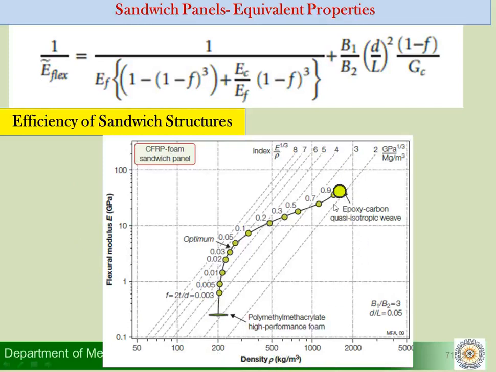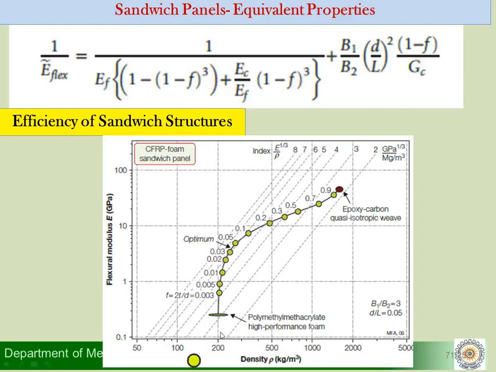What you observe here is the red dot representing the face material, and this green dot representing the core material. The face is a composite made of CFRP, that is carbon quasi-isotropic weave, and foam is used as the core material for this sandwich.